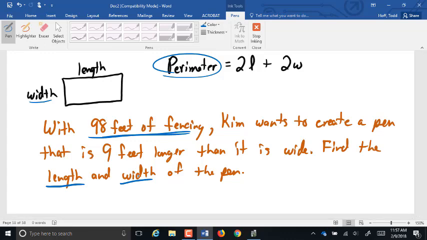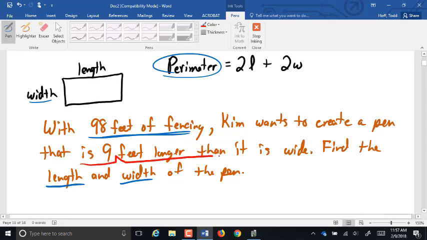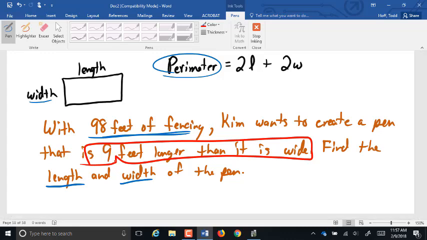So we need to figure out how to combine that into a single variable. So there has to be a relationship between them. And the relationship is given further up in the problem here, 9 feet longer than it is wide. So what that is saying is if we know the width, the length is 9 feet more. So I'm going to make the width be W.